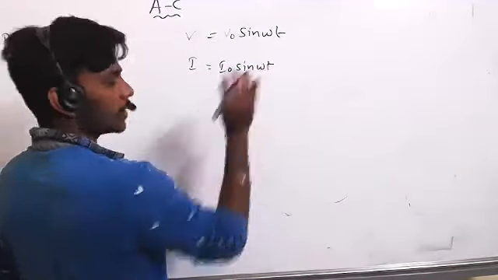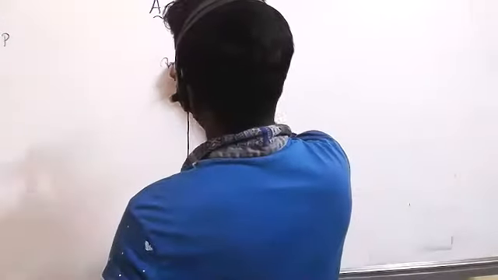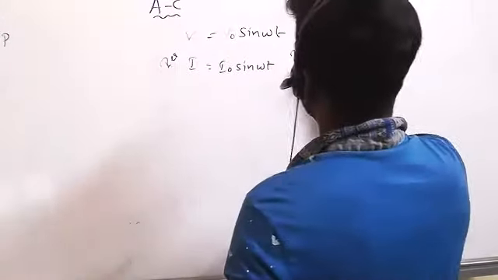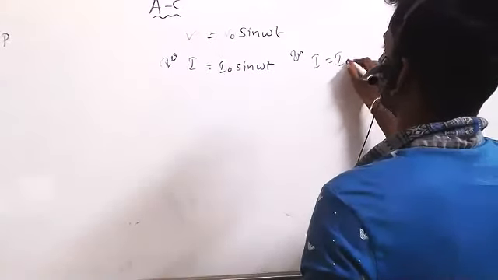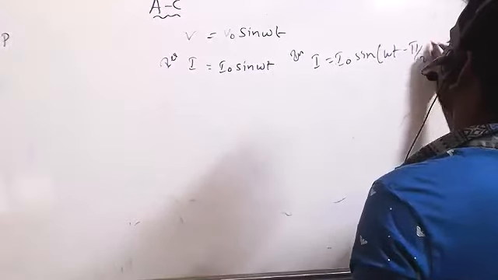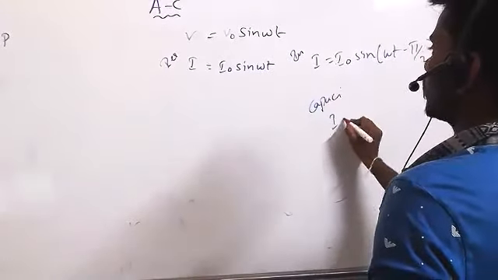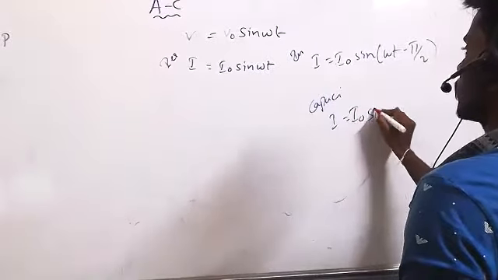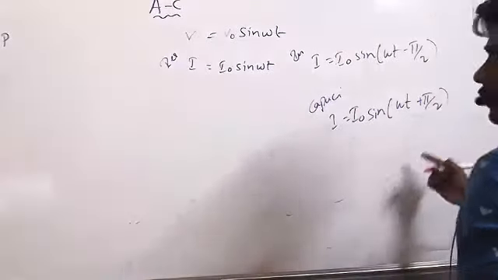Both are in the same phase. For inductance, you will get I is equal to I naught sine omega t minus pi by 2. For capacitive, you will get I is equal to I naught sine omega t plus pi by 2. This is what you will get.